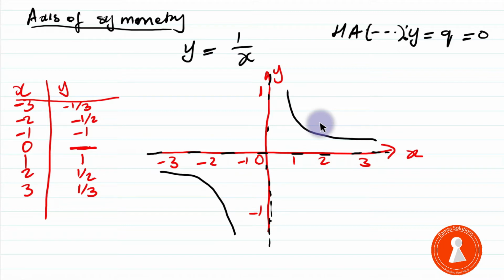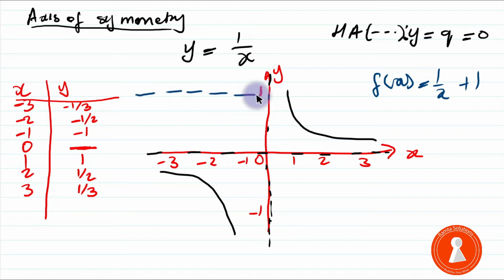If it were to shift up, let me call it 1 over x plus 1, your graph would be here. It was going to be something like this.